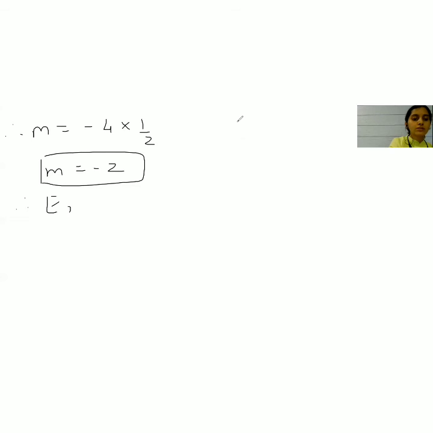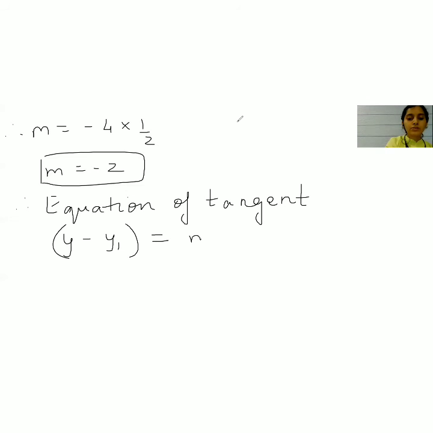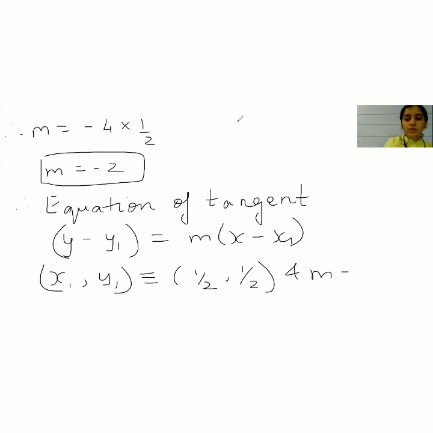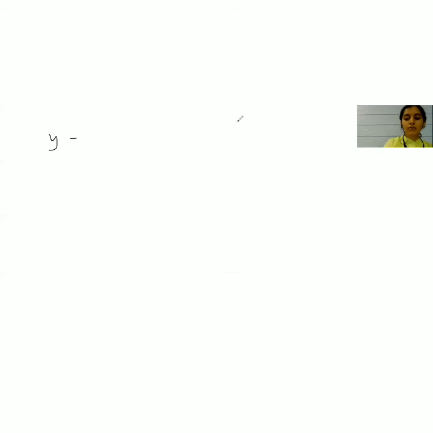Therefore, equation of tangent will be, what will the tangent equation be now? y minus y1 equal to m into x minus x1, right? So what is x1, y1? x1 comma y1 corresponds to half comma half. And m is equal to minus 2. Let us put these values in the equation. So we get y minus y1, that is y minus half, is equal to m. What is m?